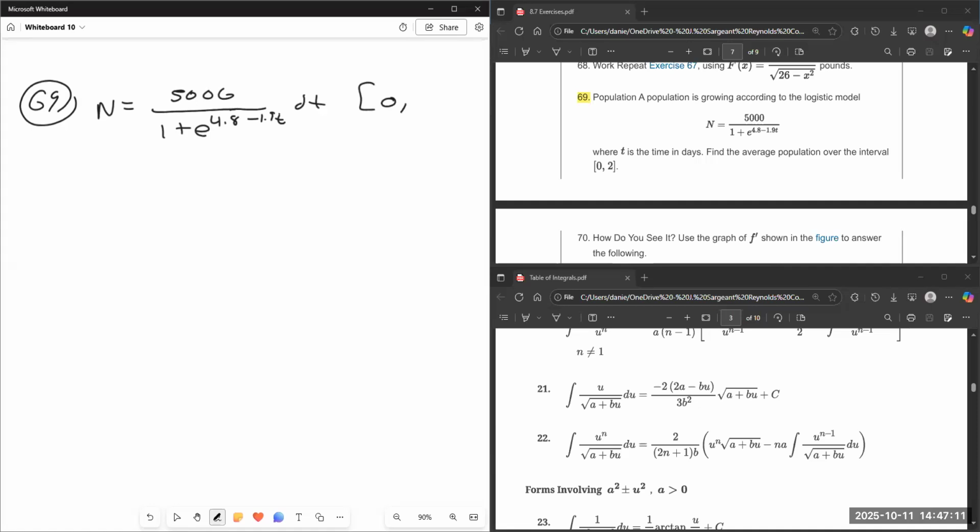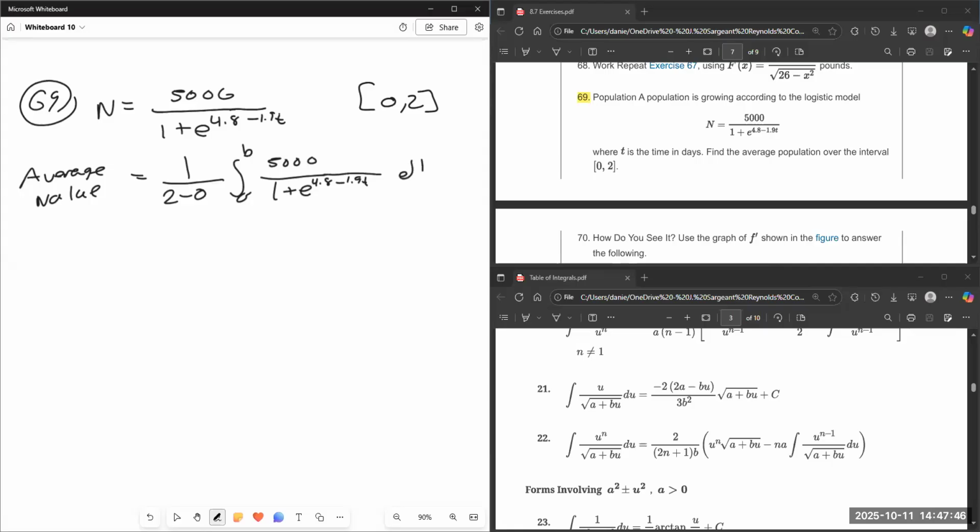We're on the interval from 0 to 2, and we want to find the average value of the function. So the average value, if you remember this formula, is equal to 1 over b minus a, integral a to b of the function here, 5,000 over 1 plus e to the 4.8 minus 1.9 t, and then dt.